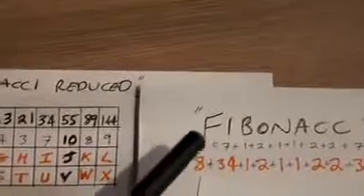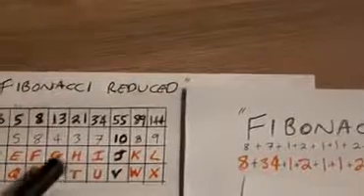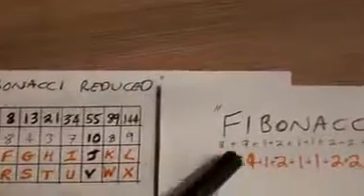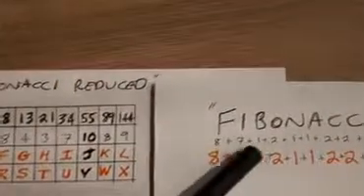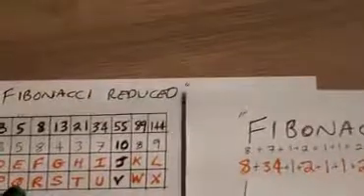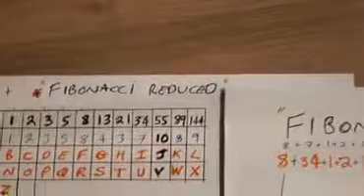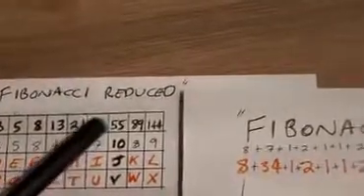In ordinal Fibonacci gematria, F is 8, I is 34, B is 1, O is 2, N is 1, A is 1 at the beginning, C and C, 2, and I is a 34.